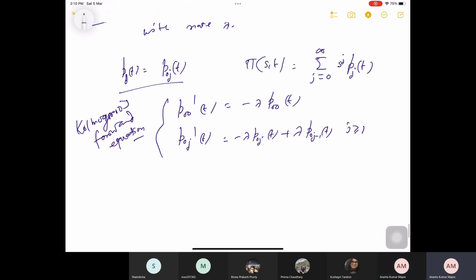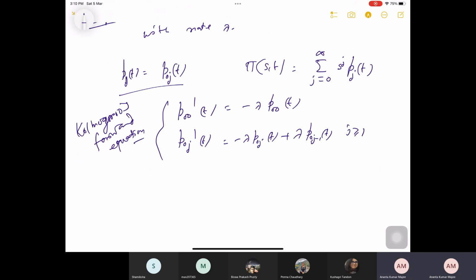Now you end up with pi(s,t), because you just consider the differentiation with respect to t of pi(s,t). Then you have p_j'(t), which is coming from there.